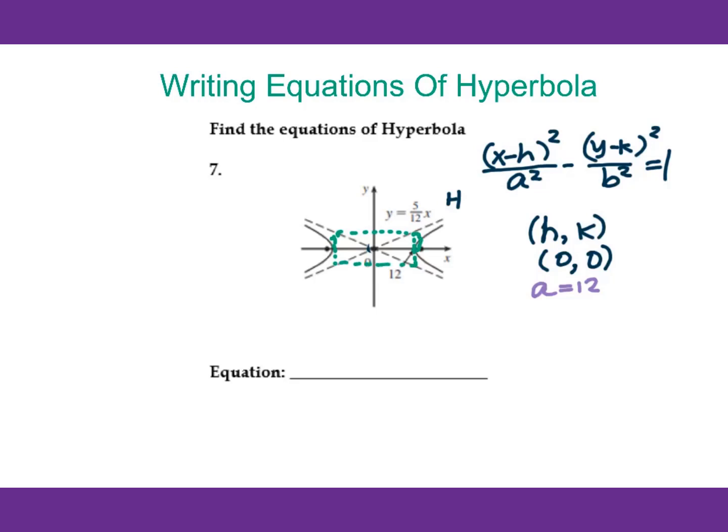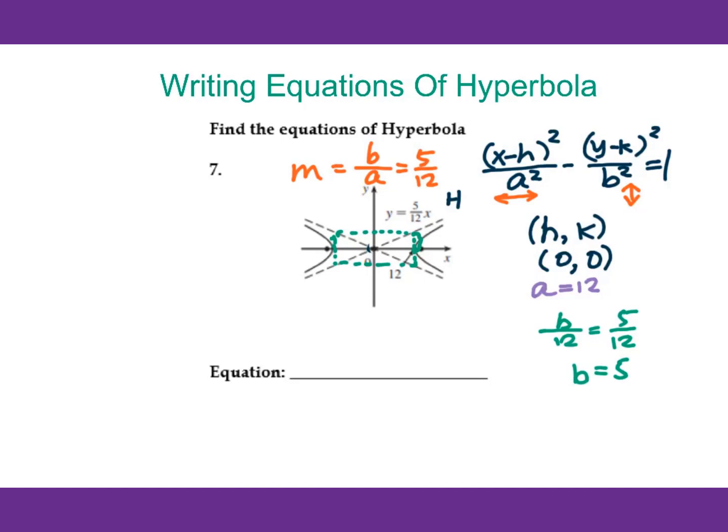So this is b. We know a is horizontal and b is vertical. Therefore, your slope equals b over a. That equals 5 over 12. We know a equals 12 already, so b over 12 equals 5 over 12, which means b equals 5.